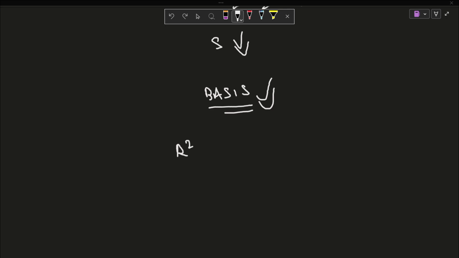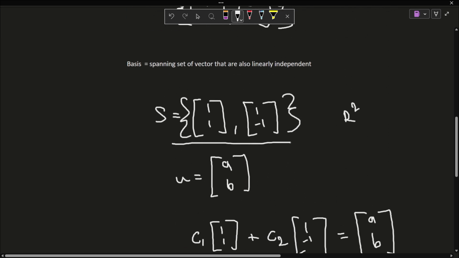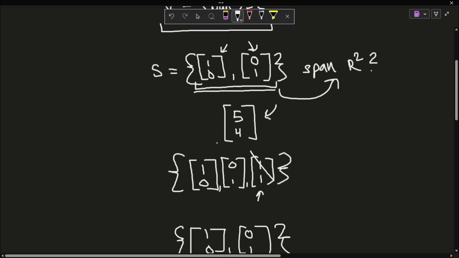Okay, then that brings us to another theorem, which is every basis for a finite dimensional vector space has to contain the same number of vectors. Okay, and you kind of have seen this already. This has two vectors, this has two vectors, and any other basis for R2 is going to have two vectors. And why does this make sense?